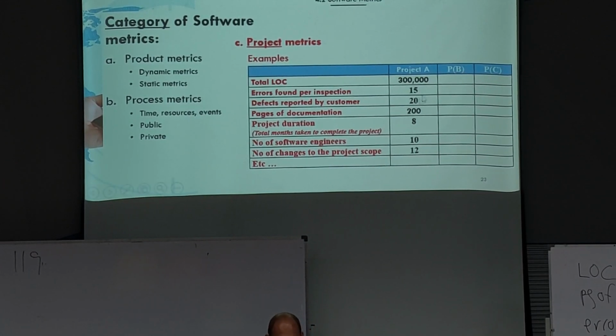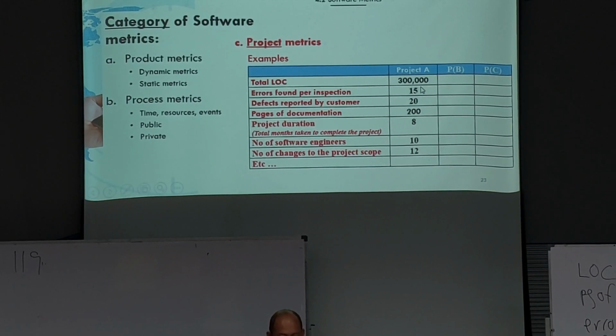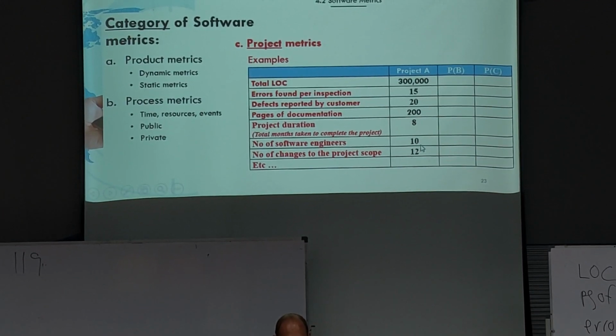So these are examples of metrics collected for project A: 300,000 lines of code, 15 errors found per inspection, 20 defects reported by customer, 200 pages of documentation. This project A took 8 months. The number of software engineers working in project A is 10.